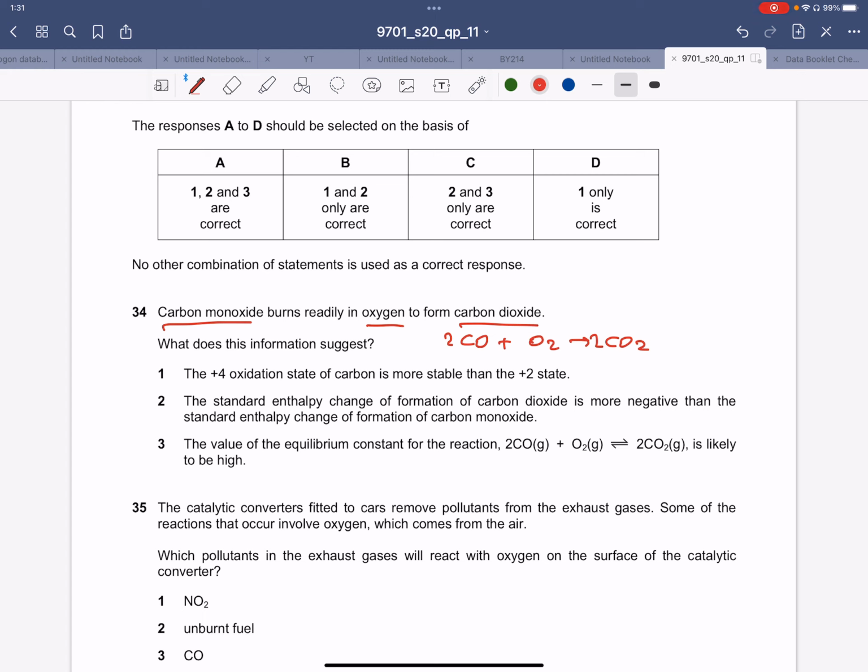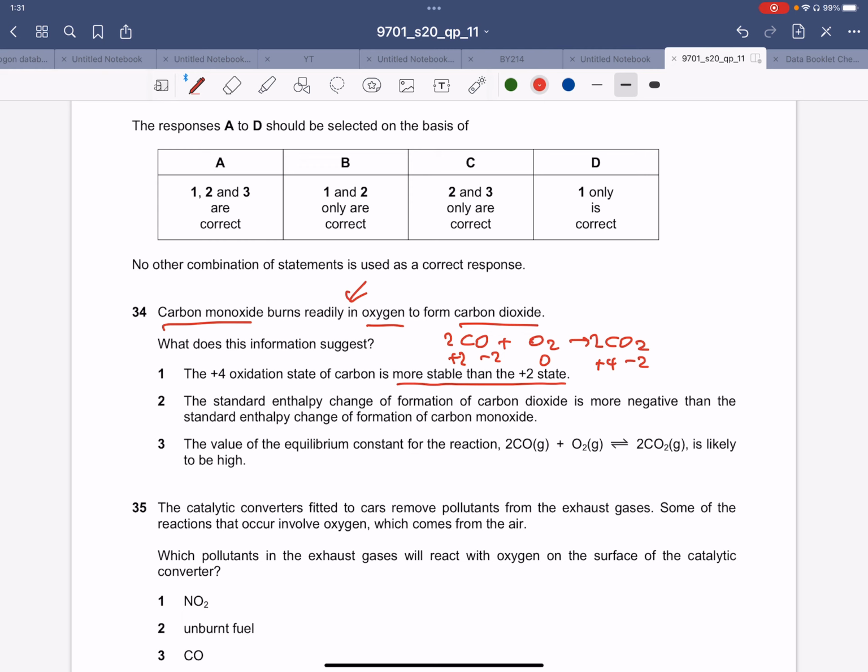Okay, let's see. So another thing you should look at is oxidation states. Oxygen is always -2, except in its elemental state, in which it's 0. So for that to be a neutral molecule, for here, carbon needs to have a +4 charge, and for here, carbon has to have a +2 charge. So what does that suggest? The +4 oxidation state of carbon is more stable than the +2 state. Well, since carbon monoxide burns readily in oxygen, all you have to know is that since that is the case, it is actually going to be a more stable molecule.